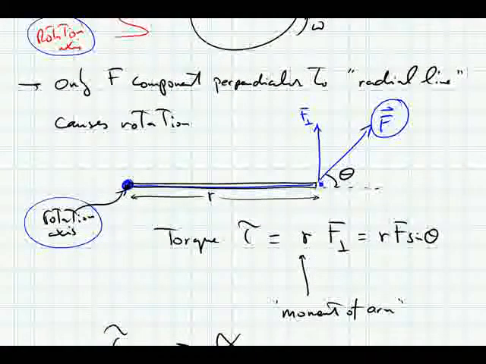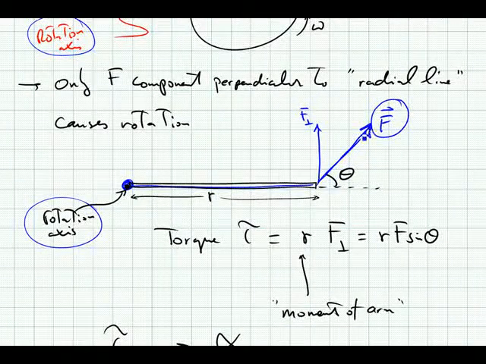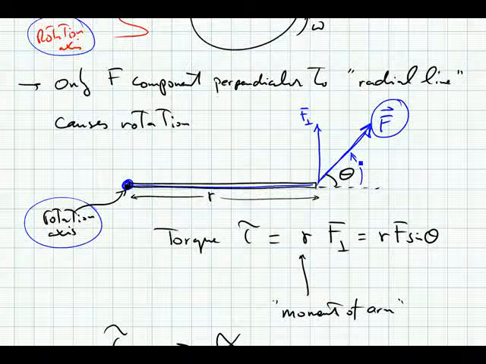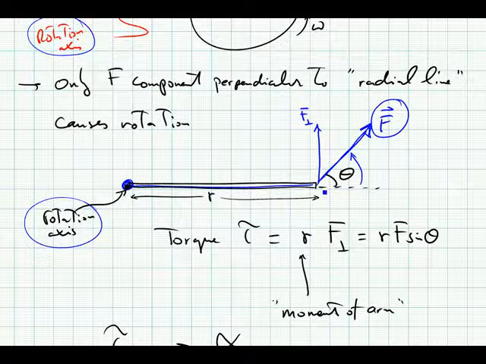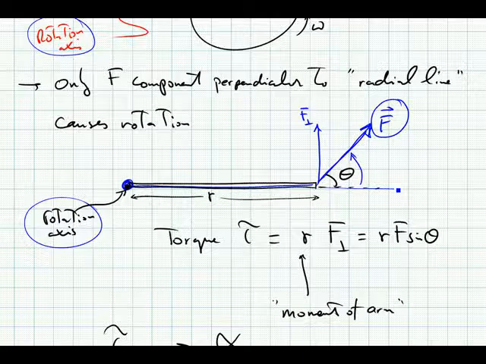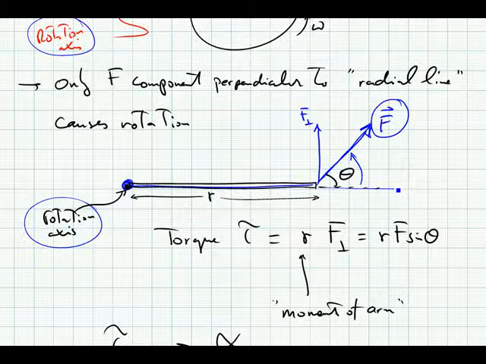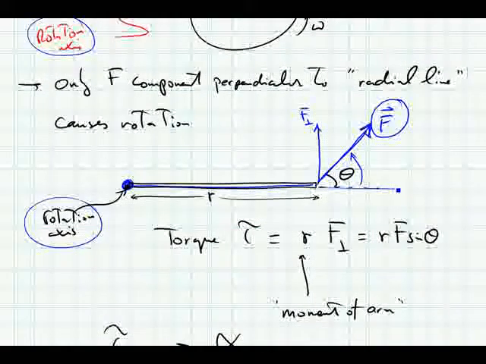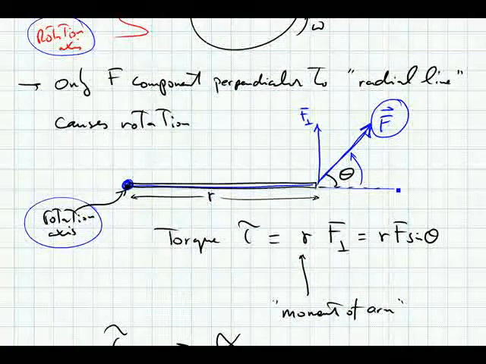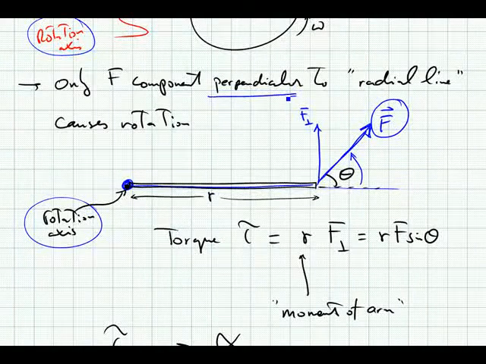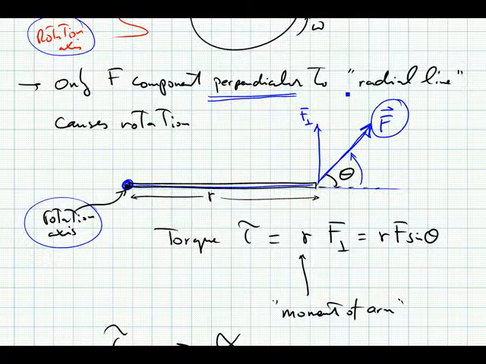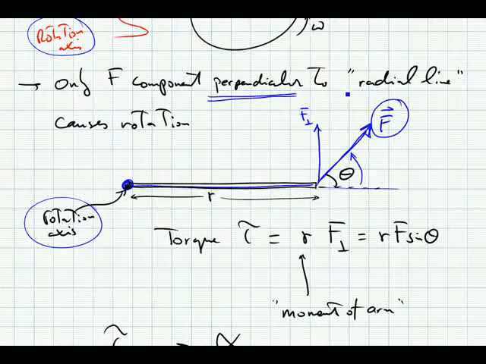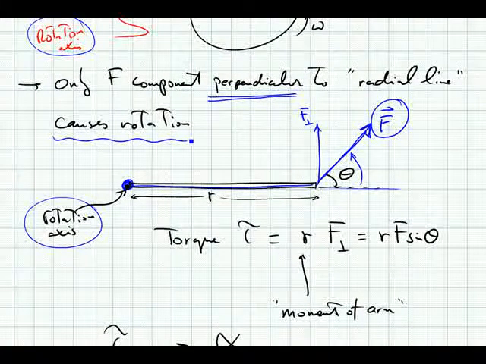to the rod, where F makes an angle theta with respect to this linear, or the radial axis, then only the perpendicular component of F will cause rotation.